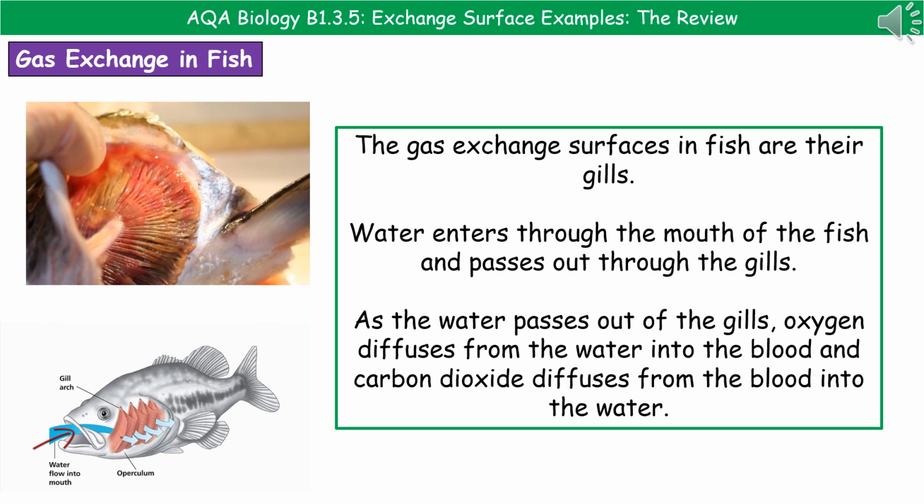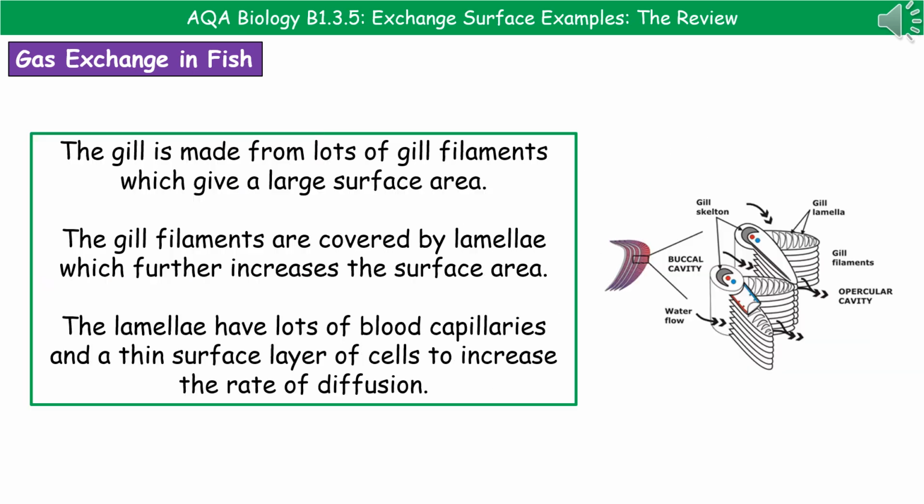So if you look at the diagram at the bottom left there, you can see water goes into the mouth and out through the gills. And I've given you a lovely picture of the gills at the top there. As that water is passing out of the gills, then oxygen is going to diffuse from the water into the blood of the fish. And the carbon dioxide diffuses from the blood into the water.